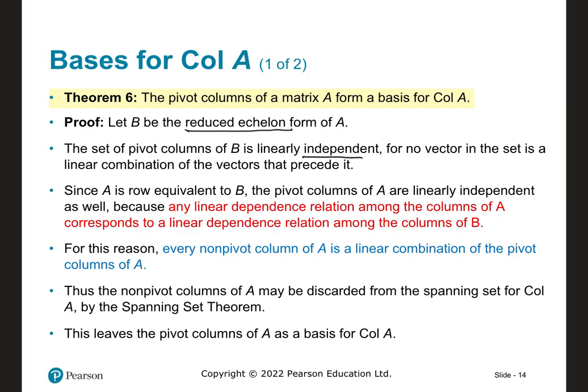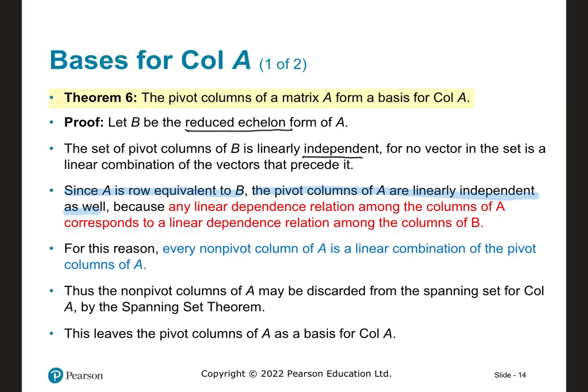And since A is row equivalent to B, the pivot columns of A are linearly independent as well. Does it make sense? Do you feel comfortable with this statement?